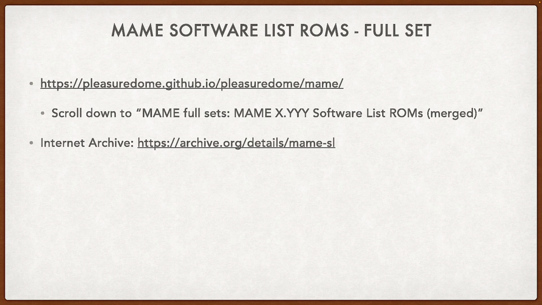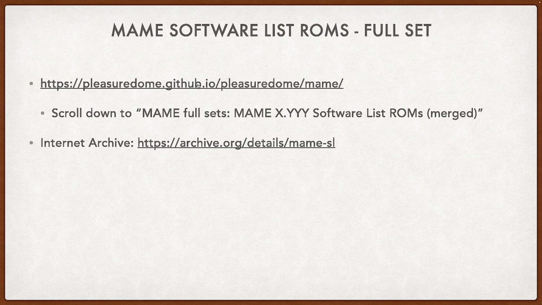And we're talking about, specifically, the lists are 5150 and 5170. So, if you want to download all of the software list ROMs and floppy disk images, you would go to this site here, Pleasure Dome.